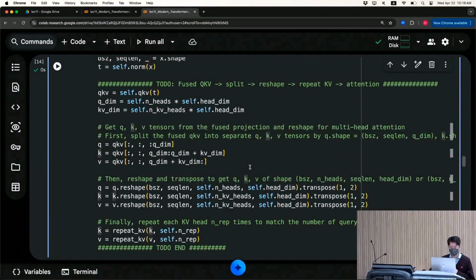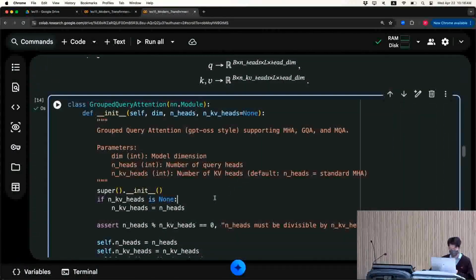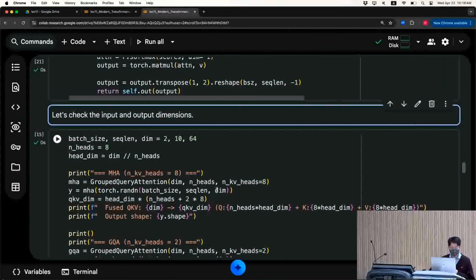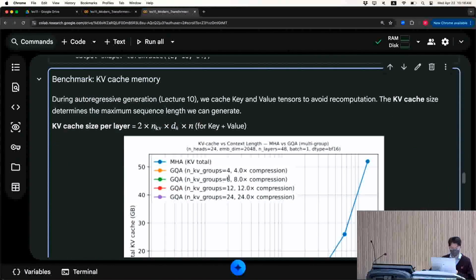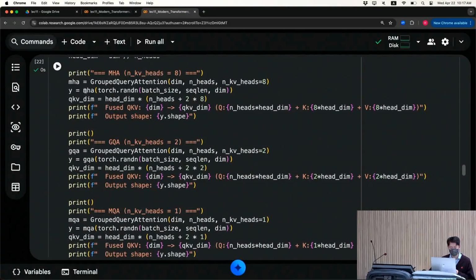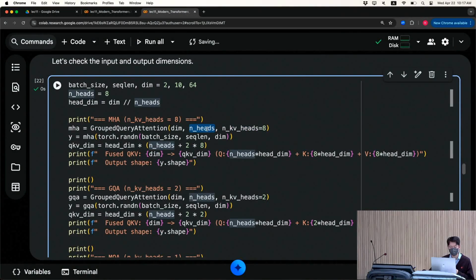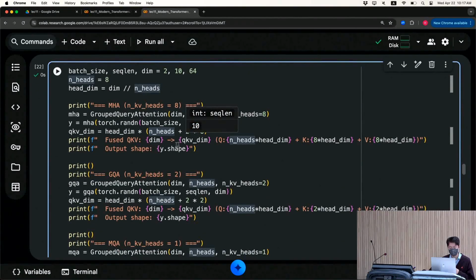All right, so let's move on. I don't know if I executed this cell here. And let's check the dimensions. All right, so in multi-head attention, this exactly same class, but number of KB heads is set equal to number of heads. So this is the standard multi-head attention.